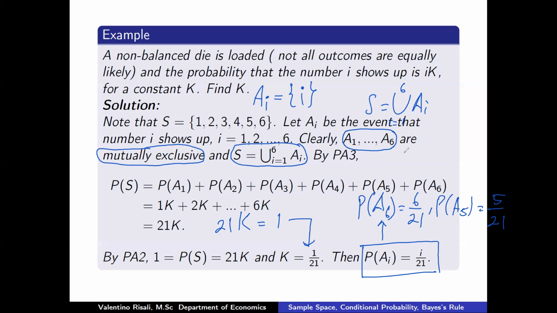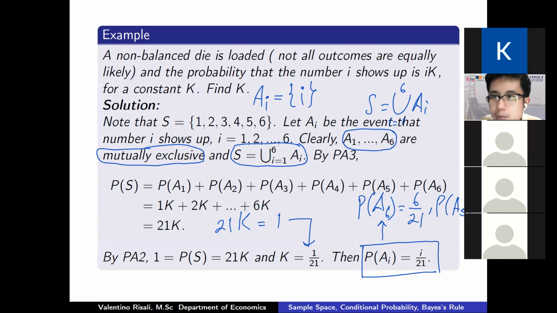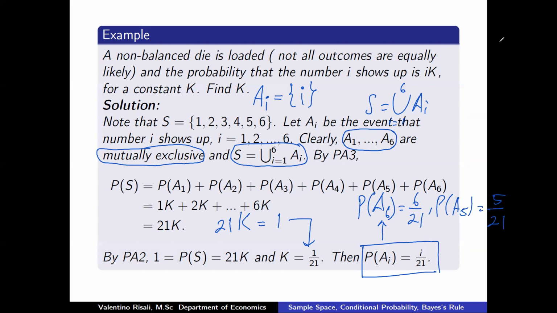Please, Kenda. So basically the denominator is the sum of all the outcomes in S, 1 until 6. It is true if the given information is this, Kenda. Your statement is true because the probability of number i is i times k.